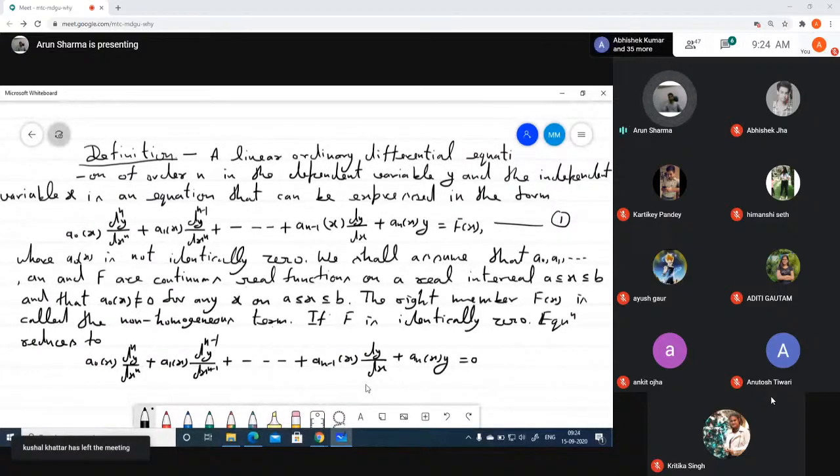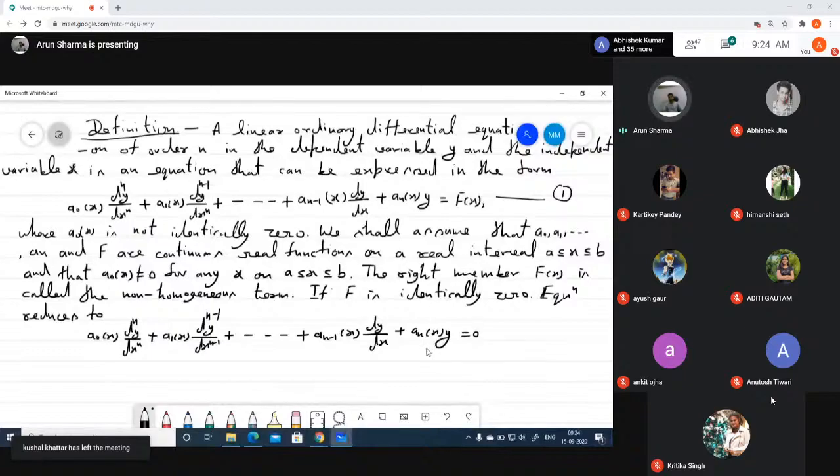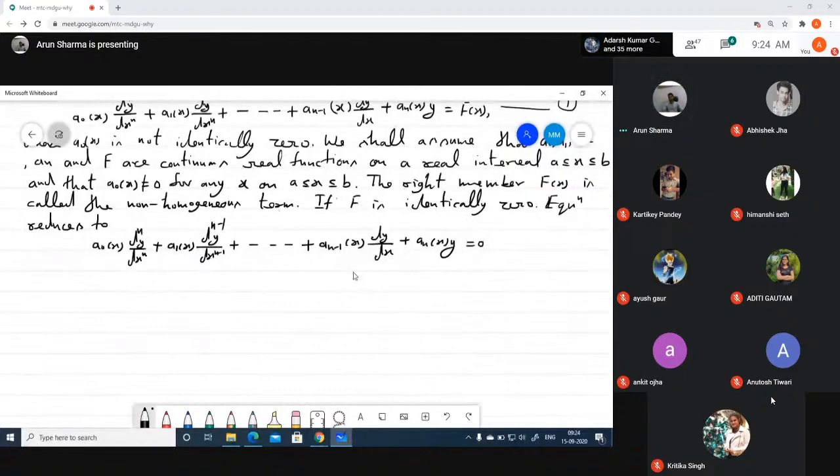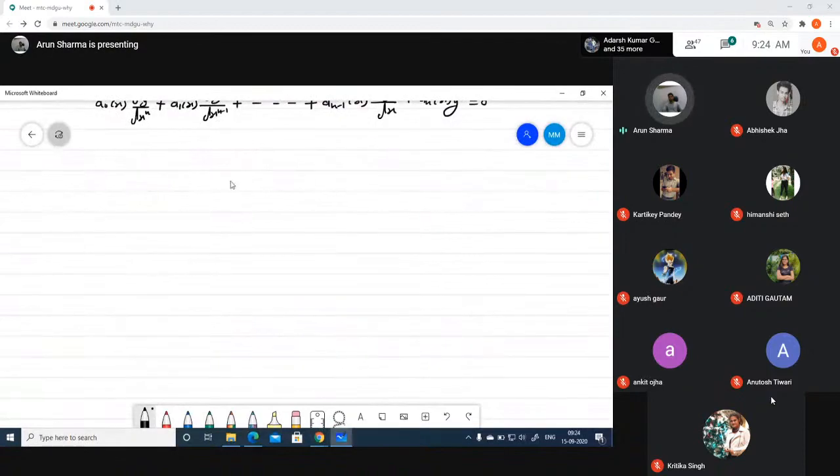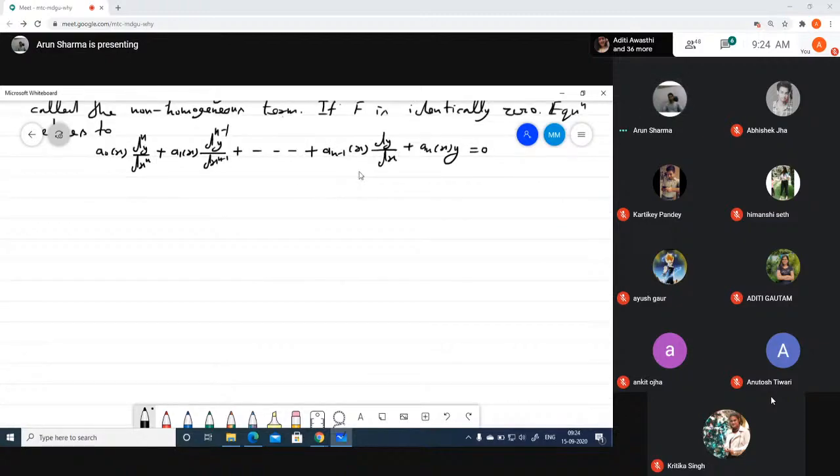So if f(x) equals 0, then this equation can be written like this. And if we put 0 on the right hand side, this is called a homogeneous equation.